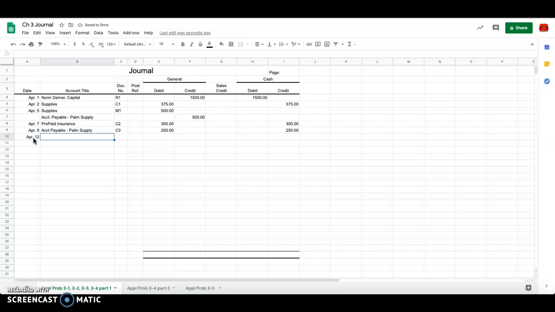So this is an expense, and so it's not rent, it's rent expense. All right, so make sure you're putting that in, and so I know that I'm paying cash, so it's going to be $1,000, and I'm going to do cash credit, so I know that it has to be a debit. All right, so that's what that's going to look like, and we wrote a check, so C4. You should be going in order.